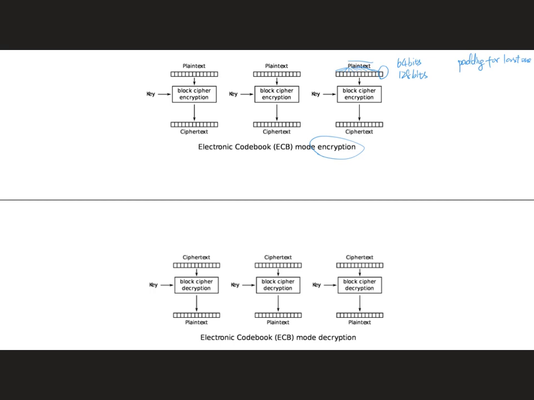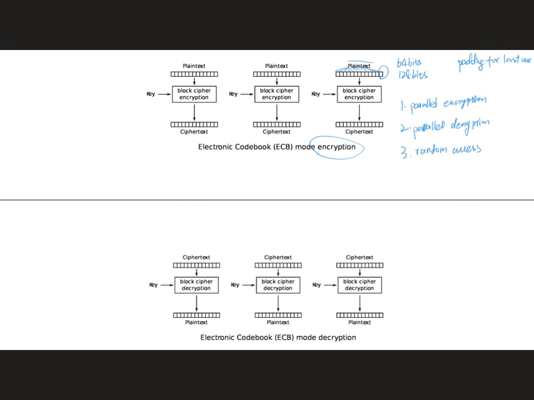There are three advantages for the ECB. First one, we can do the encryption in a parallel manner. The second one is very similar: we can also do the decryption in a parallel manner. And the third one, we can do random access.